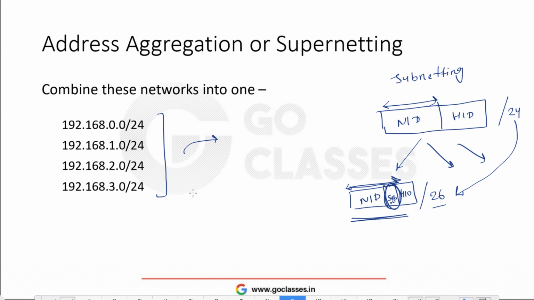Let's see how. So what is my idea? The idea is that I want to merge all of this logically, which means just for the routing table. How are we going to do it? That's very simple. Step 1, write addresses in binary.